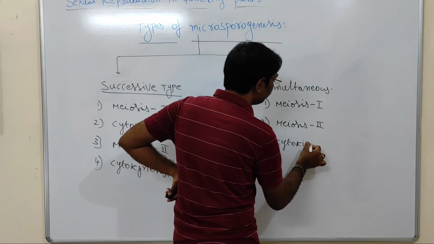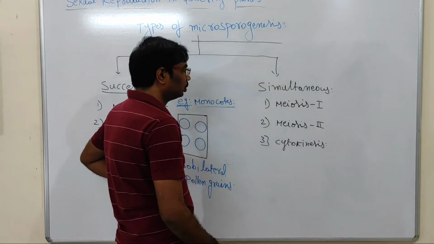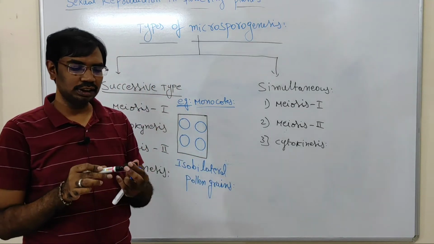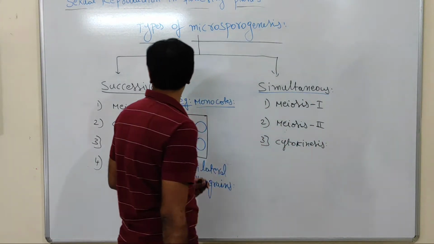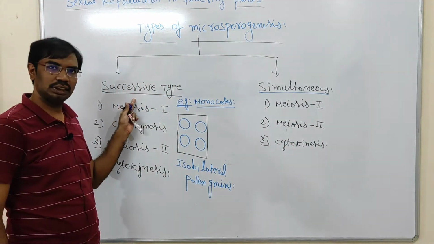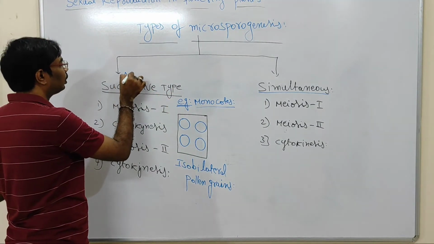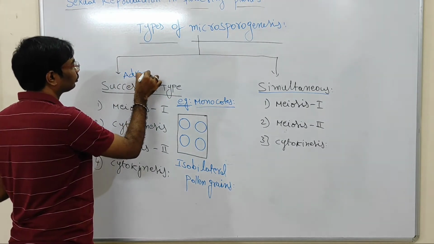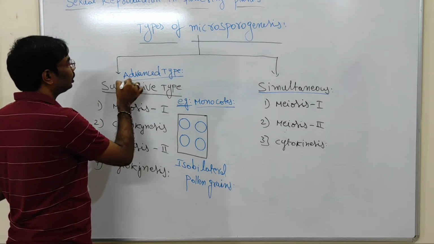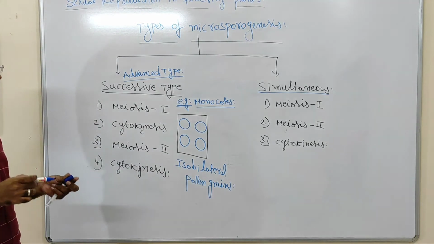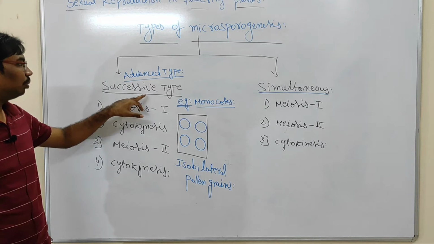The simultaneous cytokinesis is a primitive type, and the successive type of cytokinesis is the advanced type. So another name of the successive type is the advanced type, and it is present in the monocots.